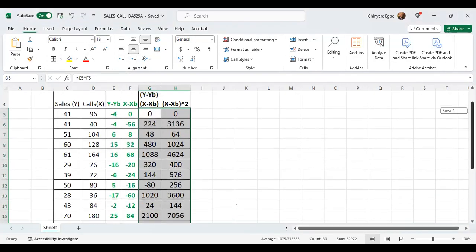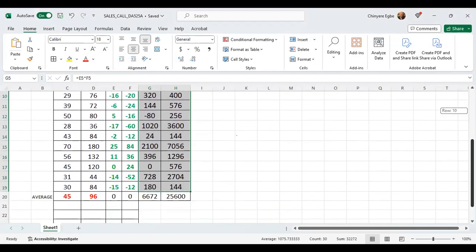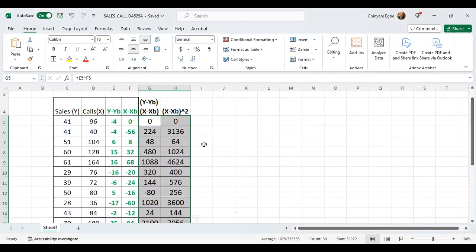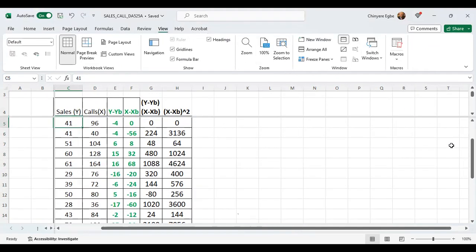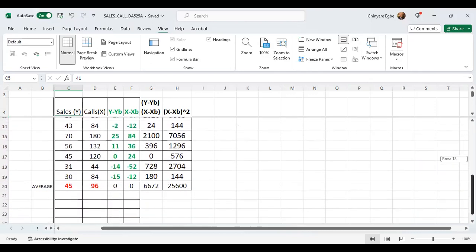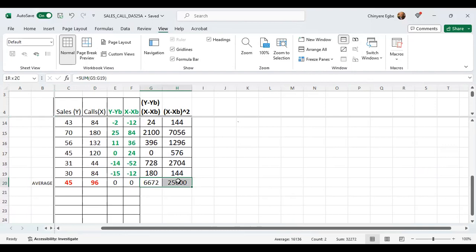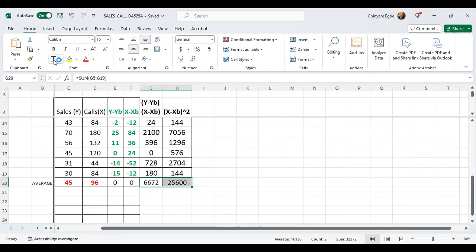You can see here that the summation of y minus y bar times x minus x bar is 6672, and the summation of x minus x bar to the power 2 is 25600. So now I'm going to stop sharing this.